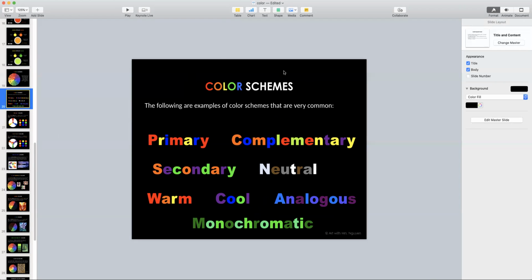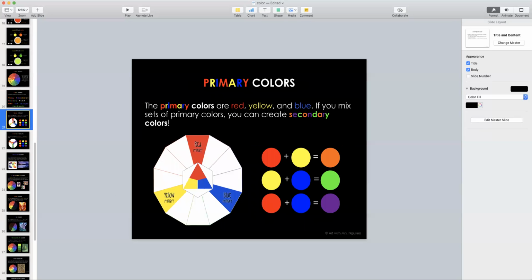So some of the main color schemes that we're going to look at are primary, which we already talked about, complementary, secondary, we talked about, neutral, warm, cool, analogous, and monochromatic. So we talked about the primary colors, and if you mix them, you can get secondary colors. So that should be a review, but it's just kind of a nice slide to have them all on one.